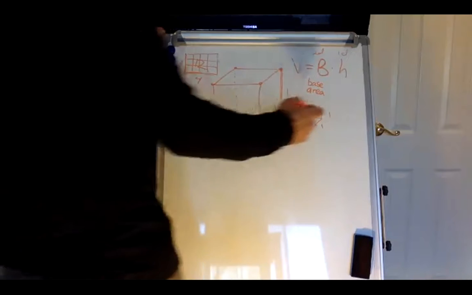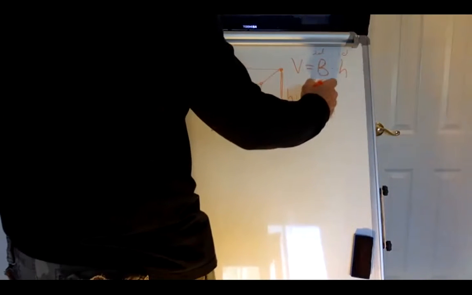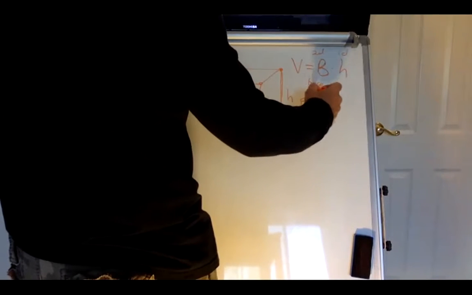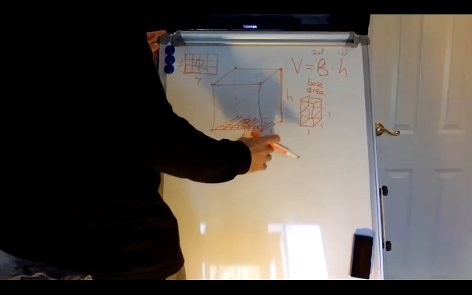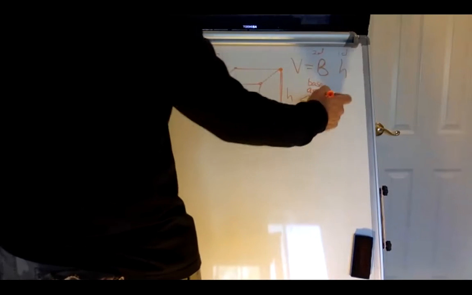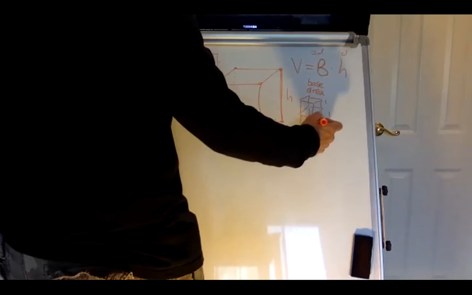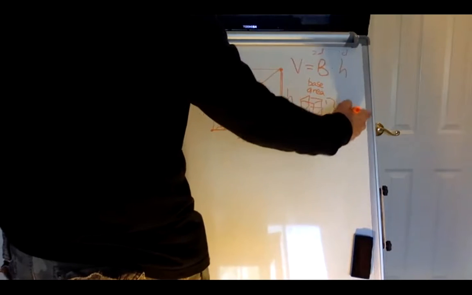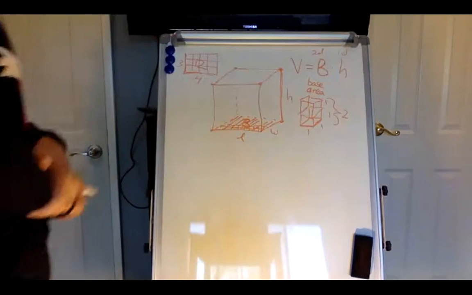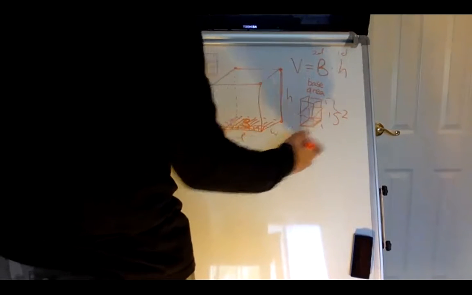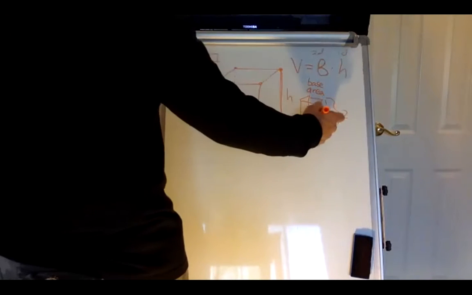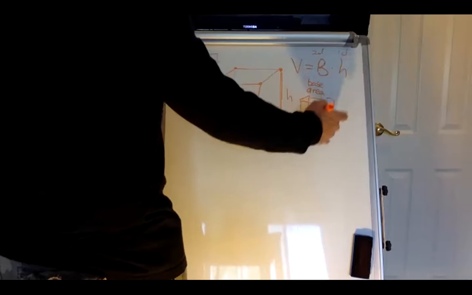If the height is 2, then you would have 2 of these cubes stacked upon each other, one cube on top of the other cube. So it would be 1 by 1, and then this distance would be 2. So you have a base area of 1 here, times 2 units of height.